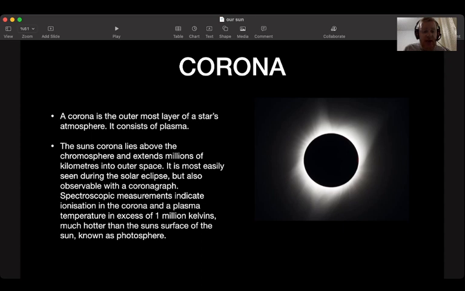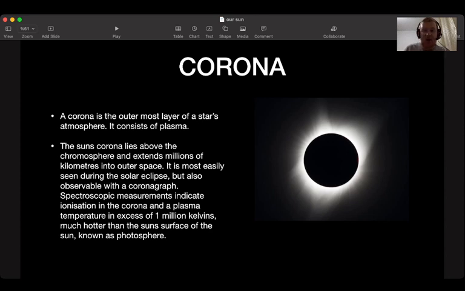Spectroscopic measurements indicate ionization in the corona and a plasma temperature in excess of 1 million kelvins, much hotter than the surface of the sun, known as the photosphere.